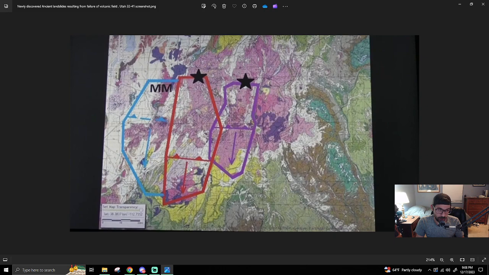This one, 23 million slide, 19 million volcanism. This one, less than 22, 17 to 18. And then the batholith, 17 million. So these couldn't have caused the landslides because they happened after the landslides.